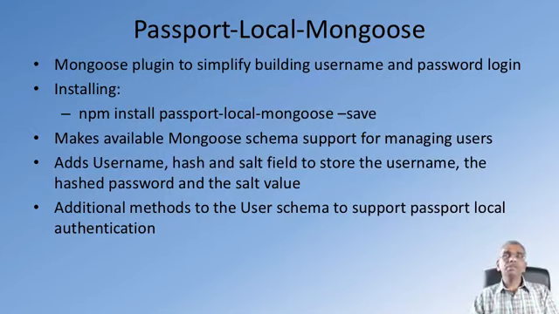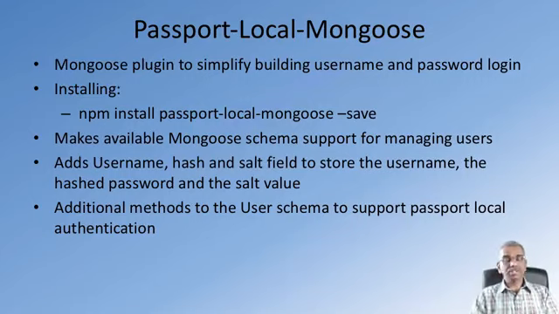By installing the Passport Local Mongoose plugin and then using it when we define the user schema and the model, this Mongoose plugin adds in the username and an encrypted way of storing the password within our user model.